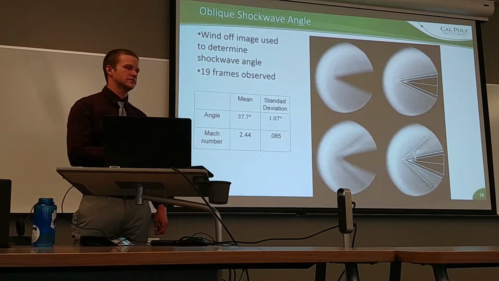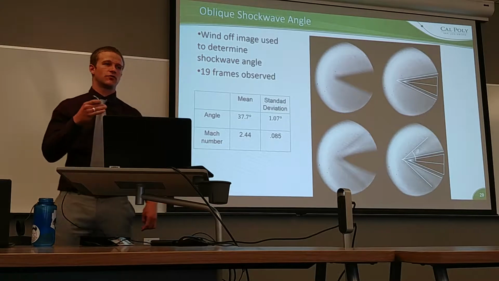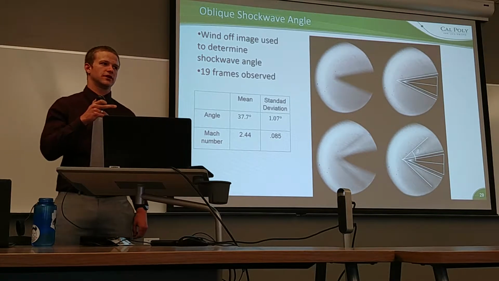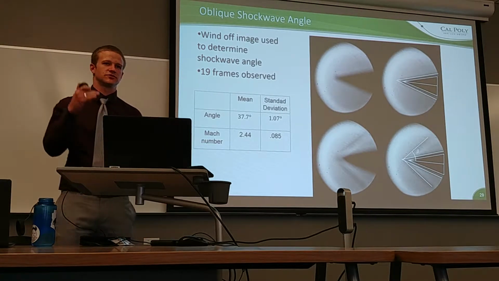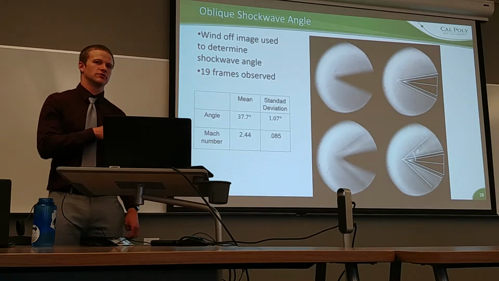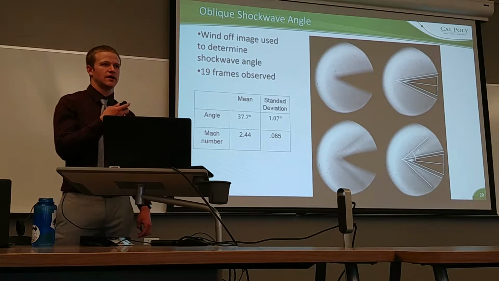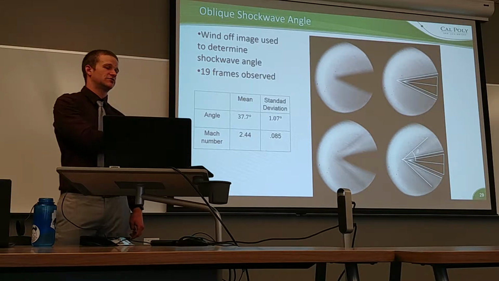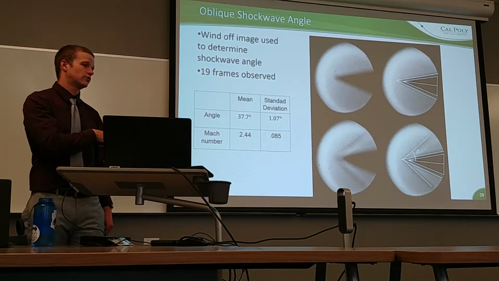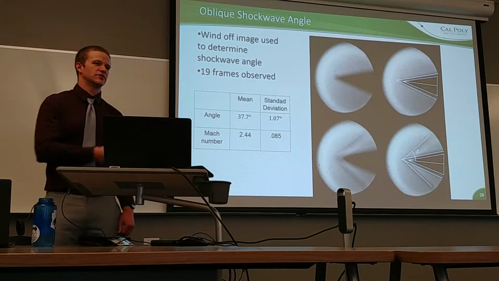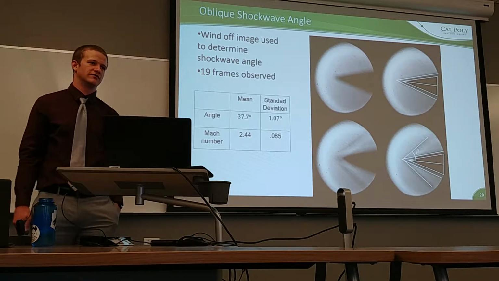For those 38 measurements, top and bottom, the shockwave angle was 37.7 degrees with a standard deviation of just over 1. The Mach number calculated from that angle was 2.44, and the standard deviation on those was 0.085.